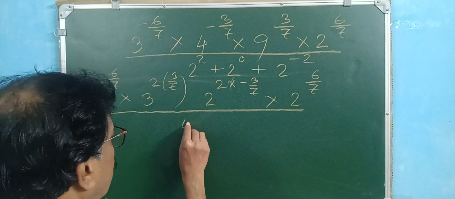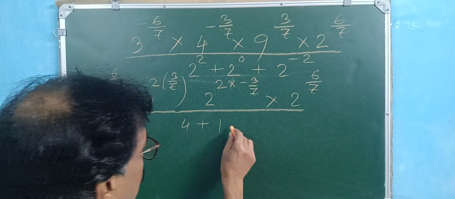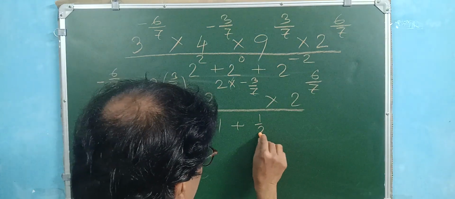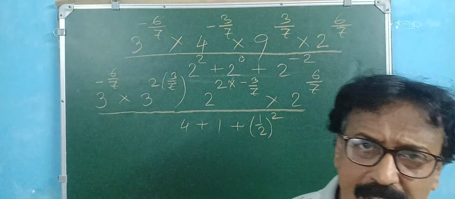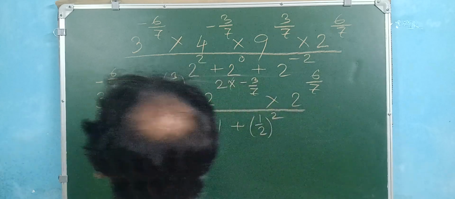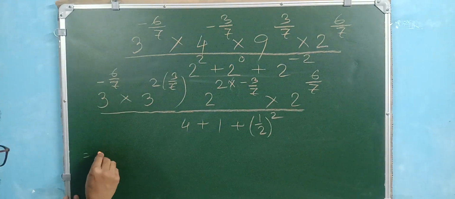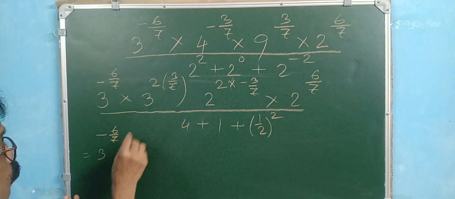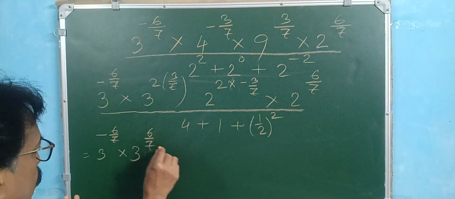This is 2 square means 4. This is, you know, 2 to the power 0 means 1. You know, a to the power 0 is 1. And this is plus, this is minus, and this is 2 to the half square. Okay, no problem. Just gradually, don't panic. Now, first one, this is very interesting. 3 to the power minus 6 by 7, and here into 3 to the power 6 by 7, no problem.